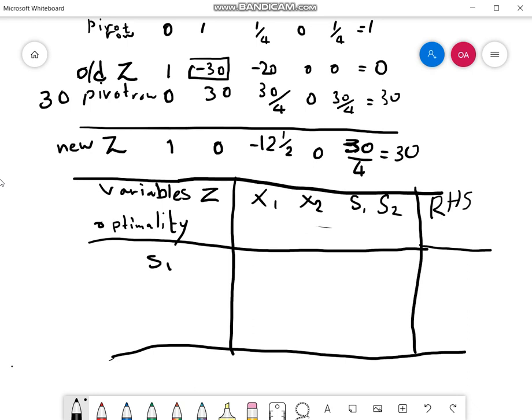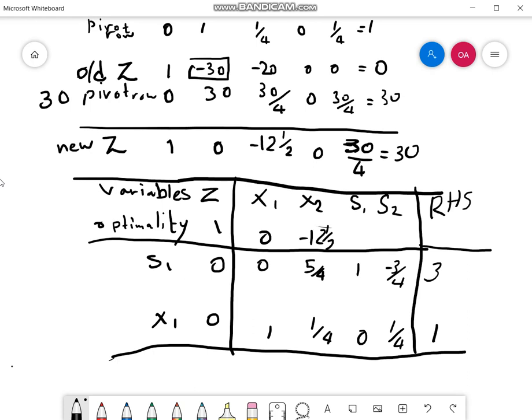So we have here s1 was 0, 0, 5/4, 1, minus 3/4 with 3, and we have x1 with 0, 1, 1/4, 0, 1/4 with 1, and lastly we have z, so 1, 0, minus 12.5, 0, and 30 over 5, which is 7.5.